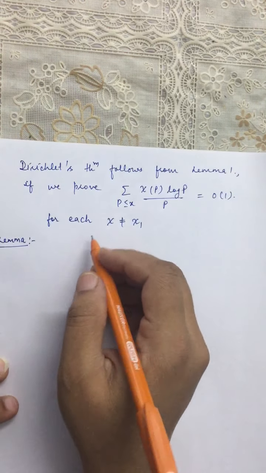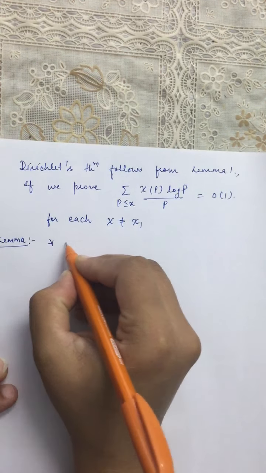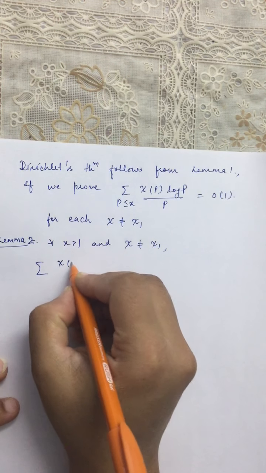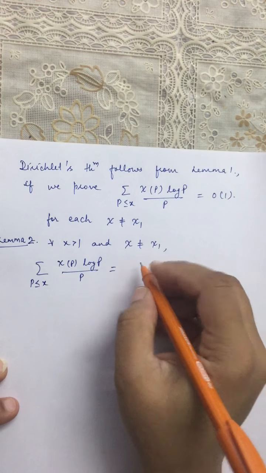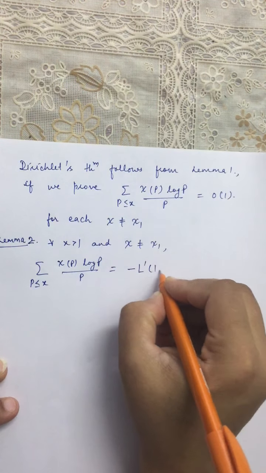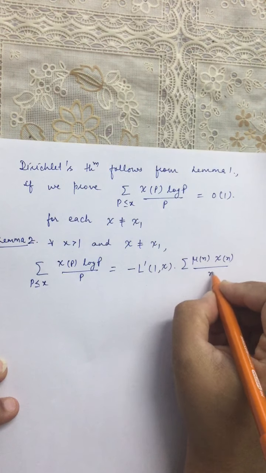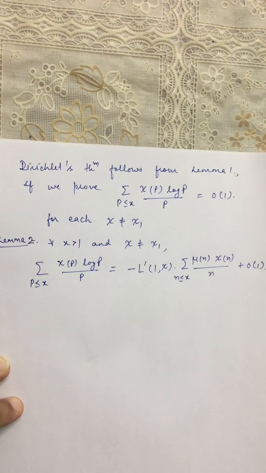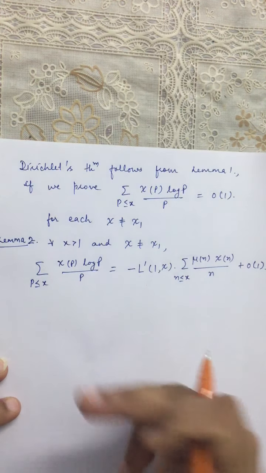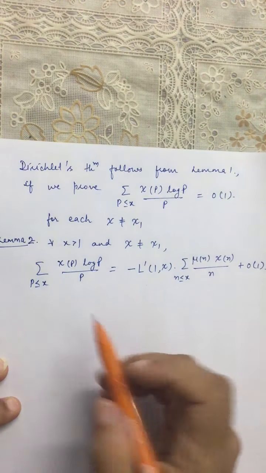So in the next lemma, lemma 2, we will prove this: for each x greater than 2 and non-principal character chi, that is chi not equal to chi 1, summation chi p log p upon p over p less than or equal to x is equal to minus L dash 1 chi summation mu n chi n upon n over n less than or equal to x plus order of 1. So in lemma 2 we will prove this summation is equal to this summation. Now the difference is this is over primes, this is over integers.